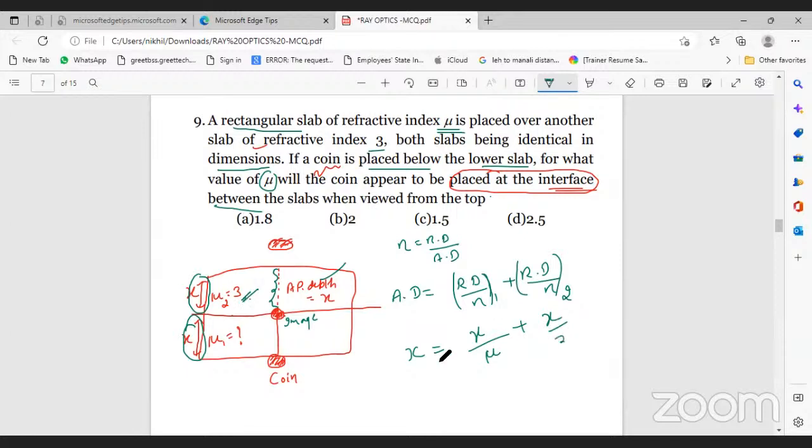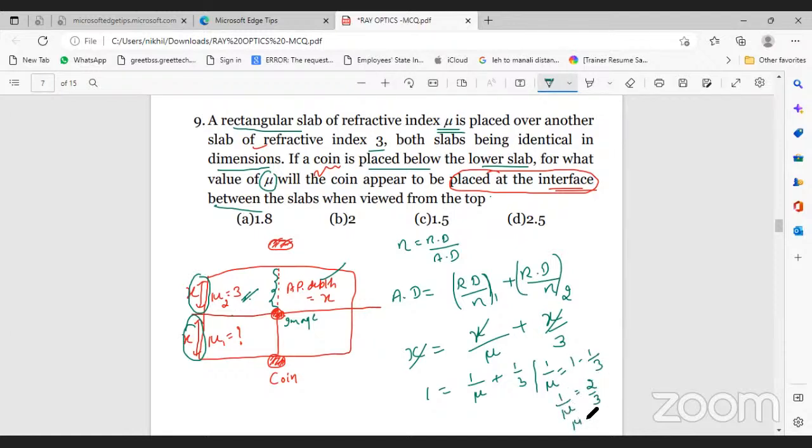Can you simplify for mu? Because x is common, we can cancel it out. 1 equals 1 divided by mu plus 1 divided by 3. So 1 by mu is equal to 1 minus 1 by 3, that is 2 by 3.